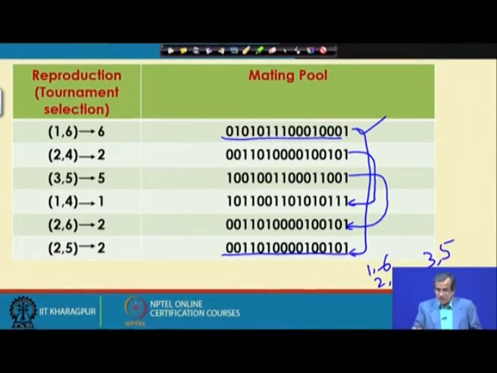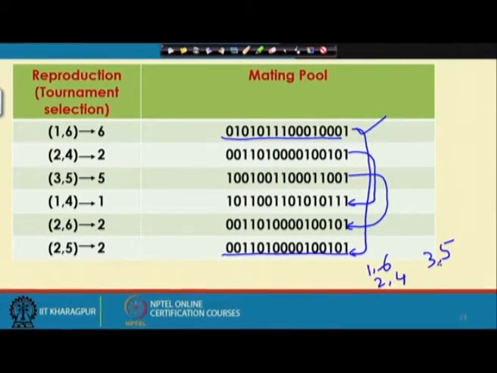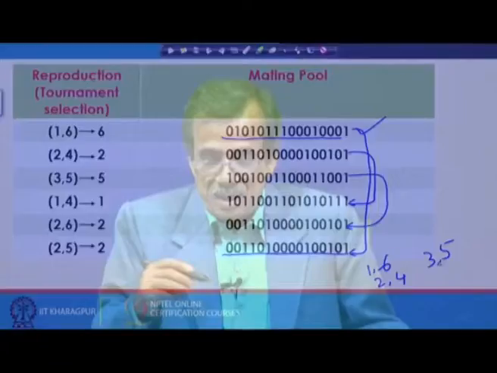So, these are going to form the mating pairs, and as I told, this mating pair selection is at random, but here care should be taken that in a particular mating pair both the GA strings should not be exactly identical. If both the mating GA strings are identical, there will be no diversification in the properties in the children solution.